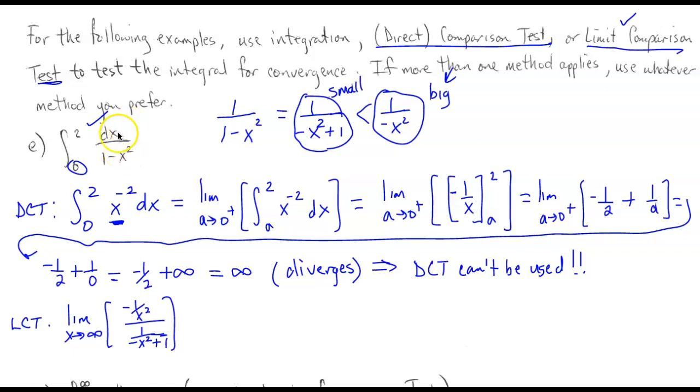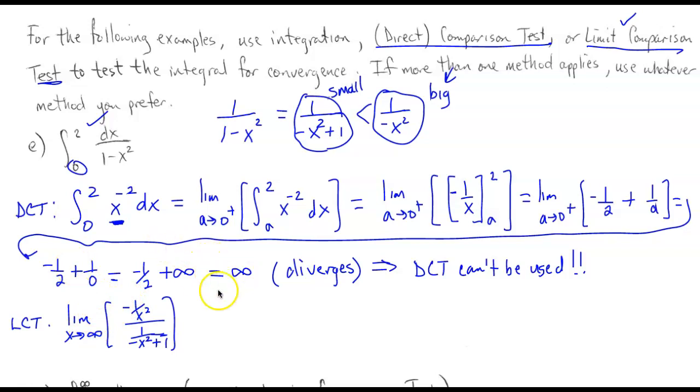And so, like I told you before, our integrand does meet those conditions here. So all we need to see is whether we are going to get a value from this limit that is in between 0 and infinity.